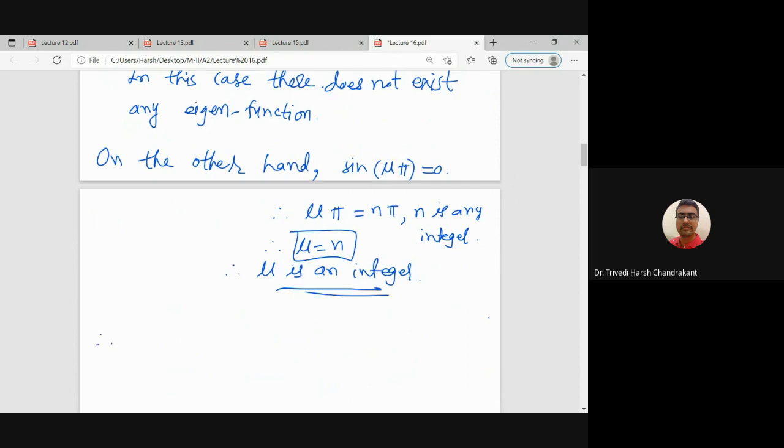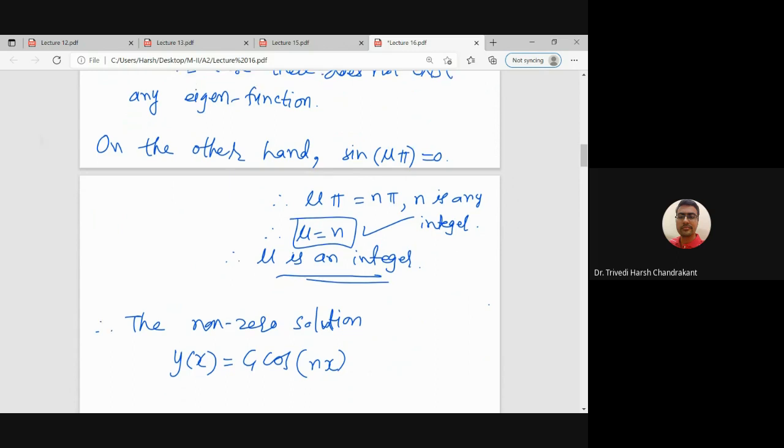So therefore the non-zero solutions y is equals to c1 cos mu x, and mu is n, so that means we are getting cos nx, right?